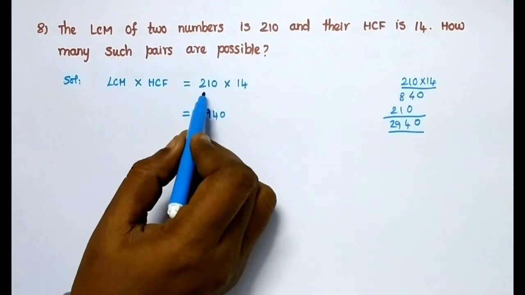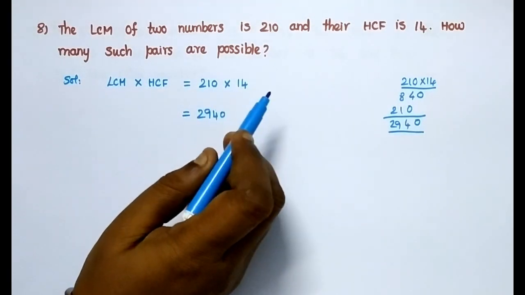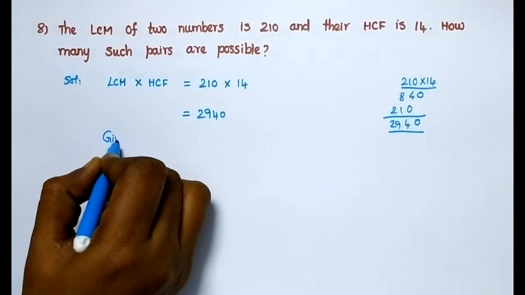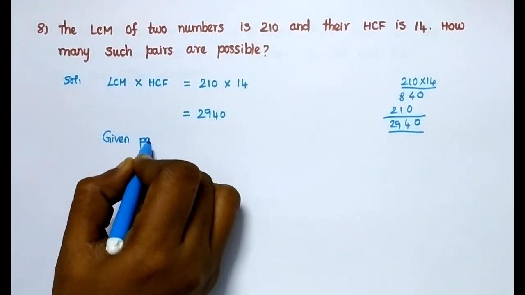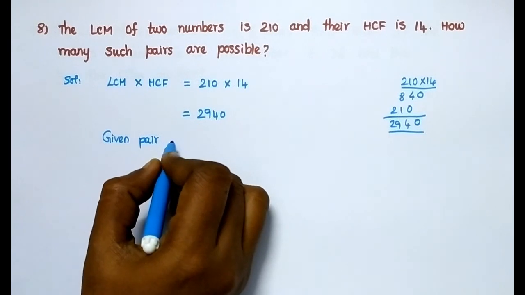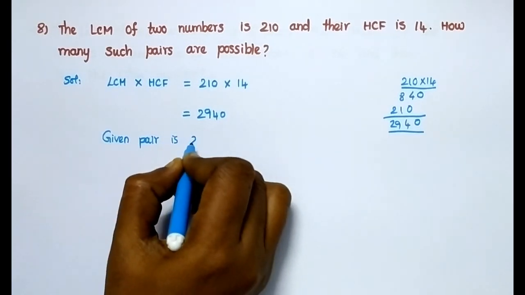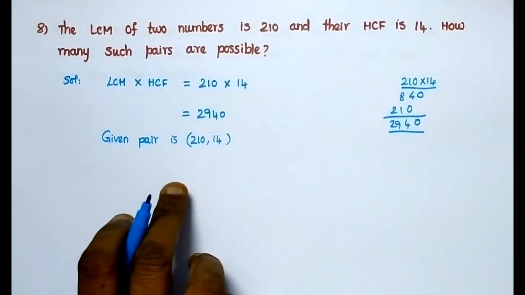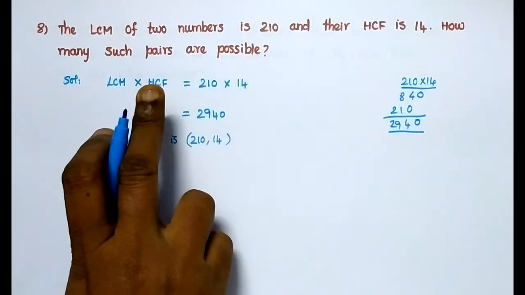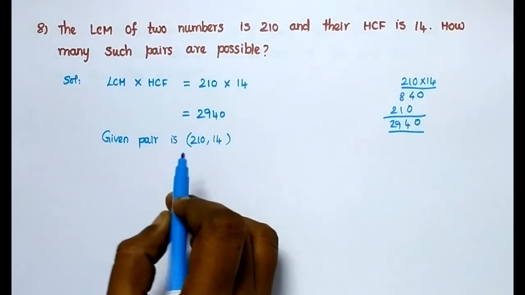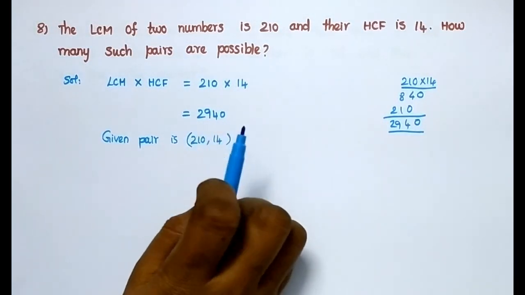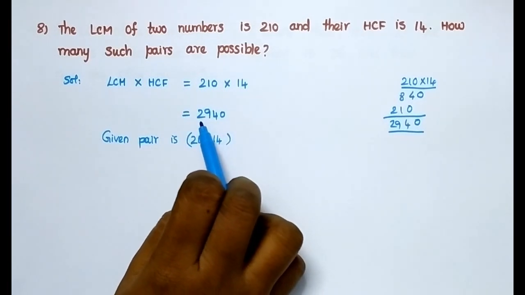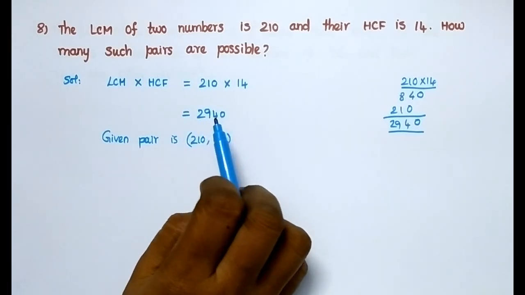One pair they given 210, 14. So given pair is 210, 14. How many such pairs are possible? So we have to multiply the two numbers, that is another two numbers, means we get 2940.